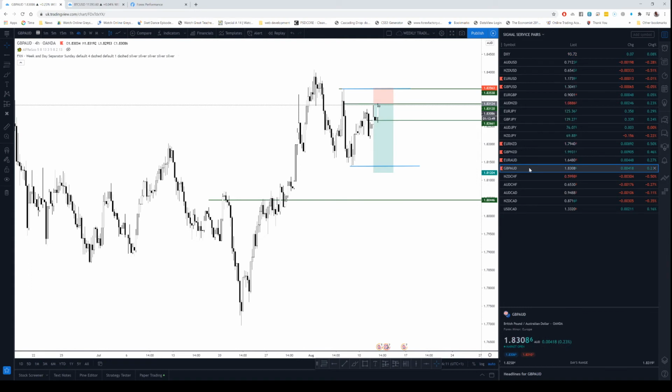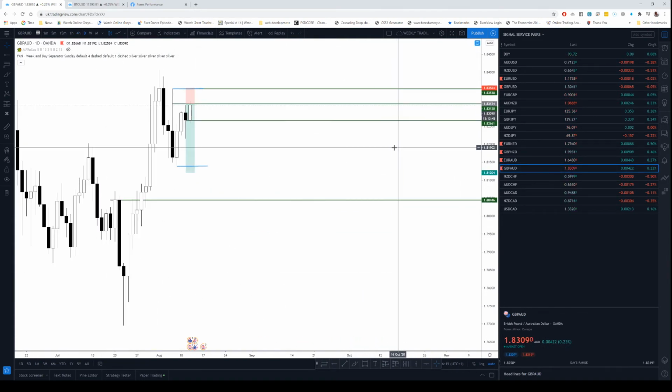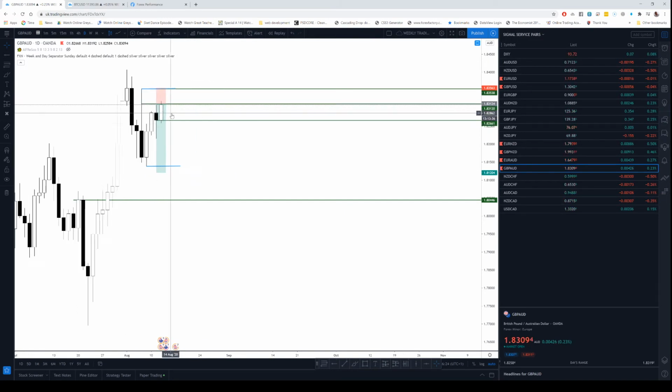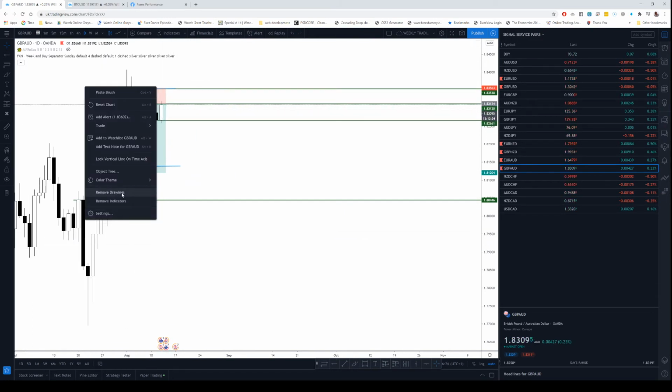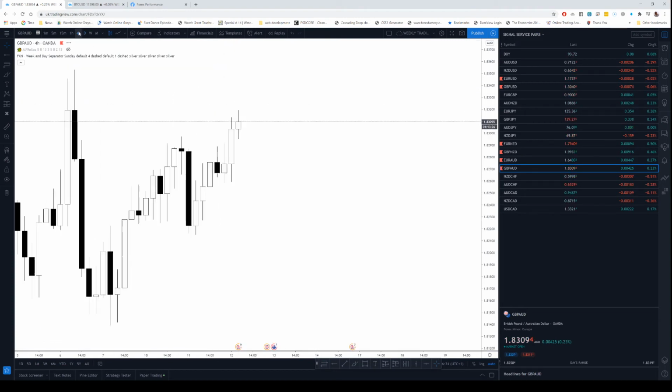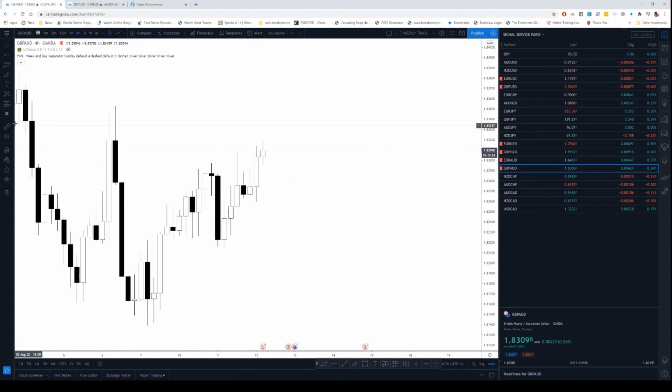Pound Aussie is a different story. We're still stuck in this range, okay, between that high and that low. We've just, so let's drop down, remove all this. We did run this low, okay, and then reject, and now we've traded above this, so it's looking bullish on the 4-hour.